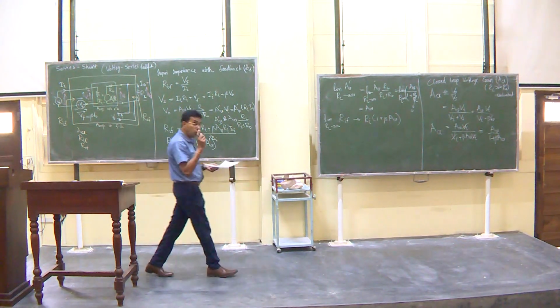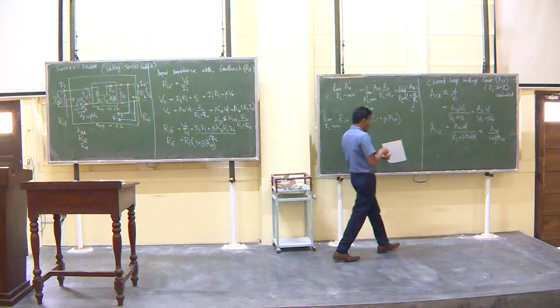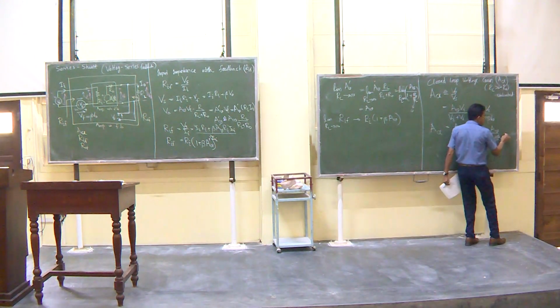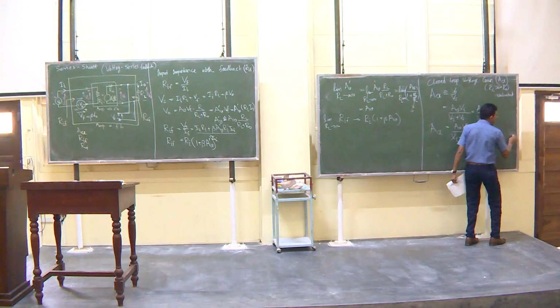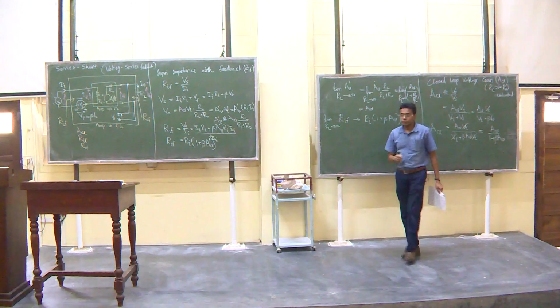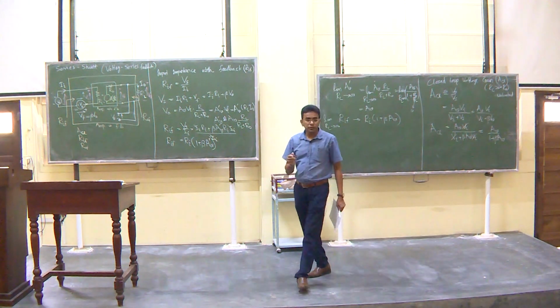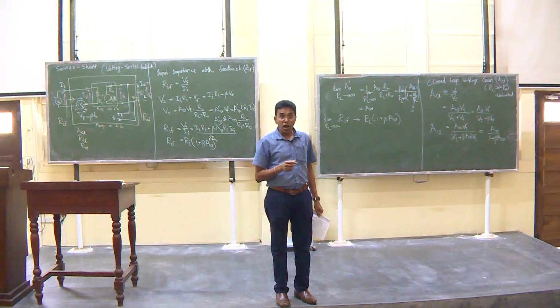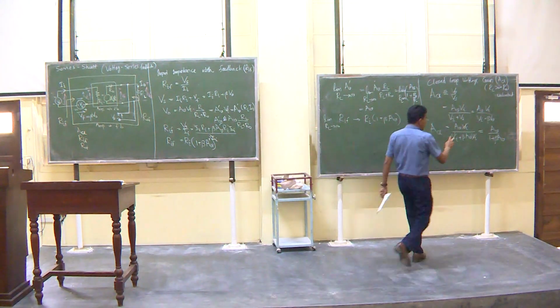What happens if you load it? Will it be just this multiplied by RL over RL plus R out? Can you write it like that? No, you can't, because there is this AV term also.